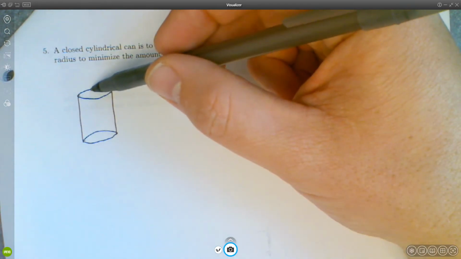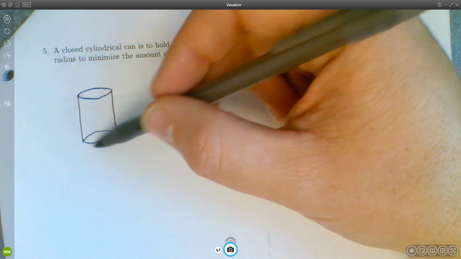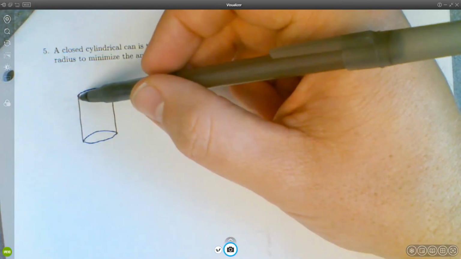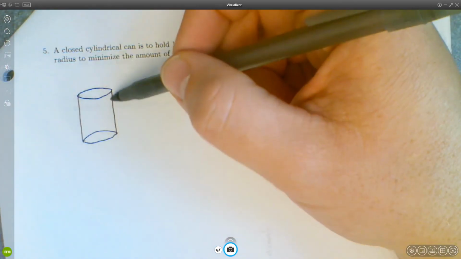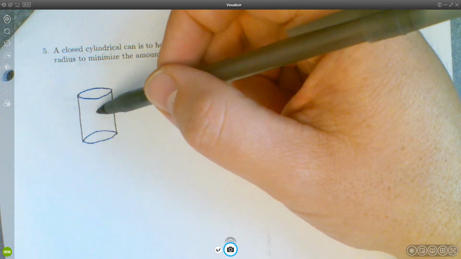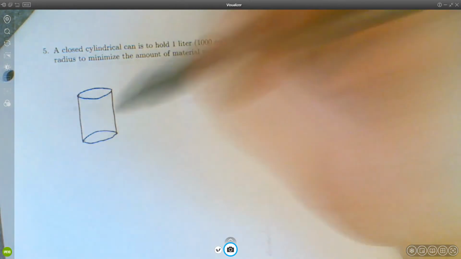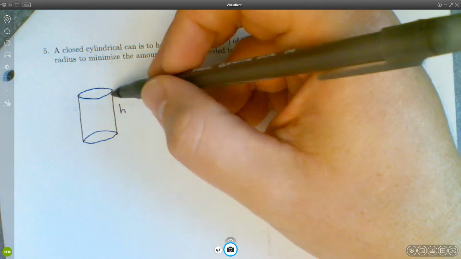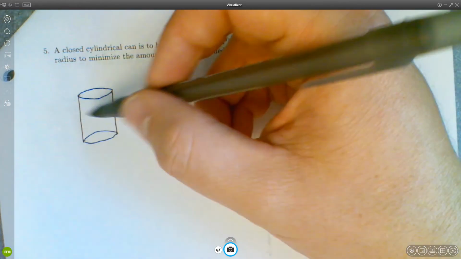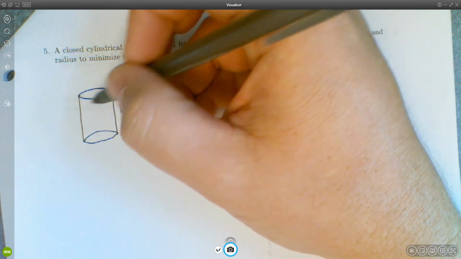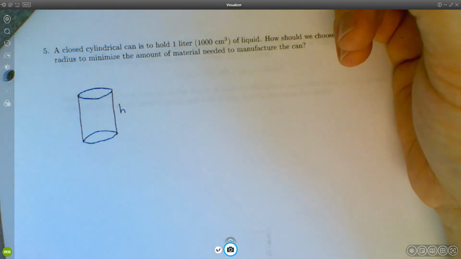Well, what's the surface area going to be? It's going to be the area of the circle on top and the area of the circle on bottom. And then it's going to be the area of this, like, imagine that you cut this in half and then unrolled it. It would just be a rectangle, right? The length of the rectangle would be whatever the height of this can is, and the width of it would be whatever the circumference of the circle is. Well, that would be 2 pi.